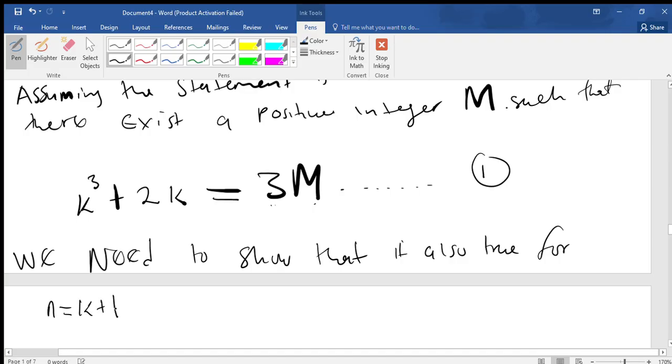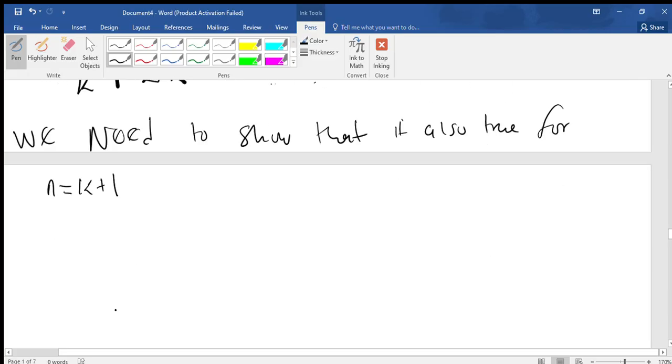So how do we show that it is true for n equals to k plus 1? We are going to have k plus 1 power 3 plus 2 multiplied by k plus 1. Now let's break down and expand. You should be sharp in expanding. These are coming 3 times: k plus 1, k plus 1, k plus 1. Then you break the brackets by expanding throughout.